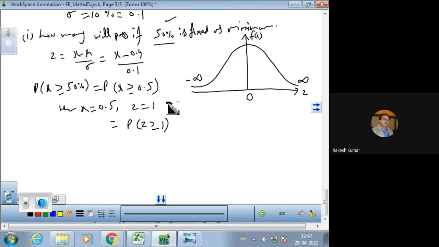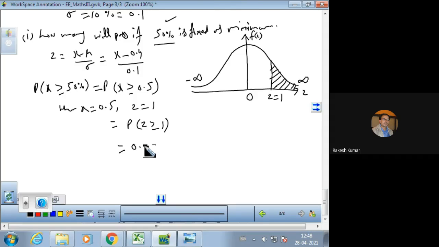Now we have to compute the area. This is the point we have, z greater than or equal to 1. Let us assume the point z is equal to 1 here. So we want to compute this area actually. For computing this area, you have to subtract from 0.5.